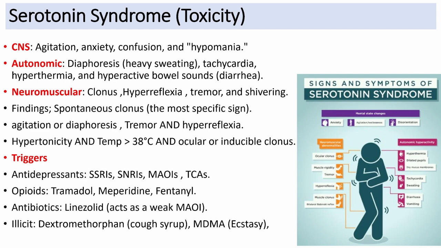That means some antidepressants, opioids and some antibiotics presenting with agitation, anxiety and confusion. This is the serotonin toxidrome. It is also one part of poisoning presenting in this way.